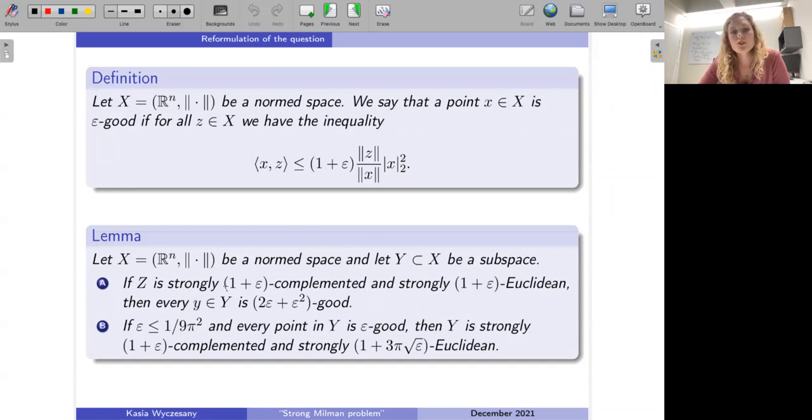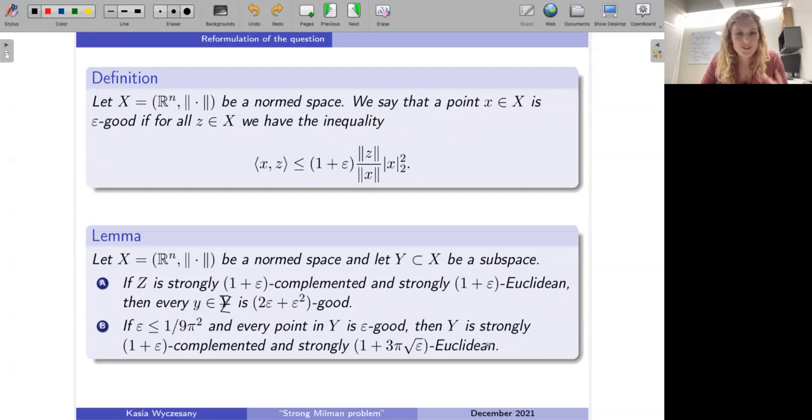If we have a strongly 1 plus epsilon complemented and strongly 1 plus epsilon Euclidean subspace, then every y in Z, this is a typo, that was supposed to be Z, is 2 epsilon plus epsilon squared good. And if epsilon is small enough, if every point in Y is epsilon good, then Y is strongly 1 plus epsilon complemented and strongly 1 plus epsilon Euclidean.